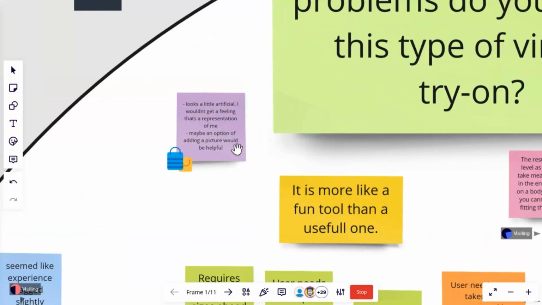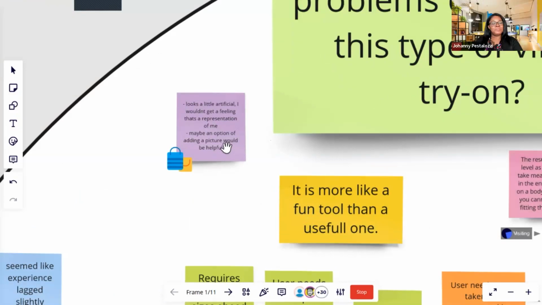The browser. So yeah, just from the first moment, I was watching the avatar transforming, and I just felt this feeling of artificiality, and it just didn't appeal to me as a tool that would serve as a taste of what this piece of clothing would look like on me.